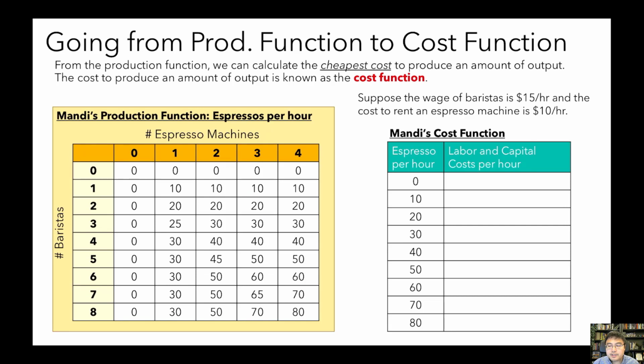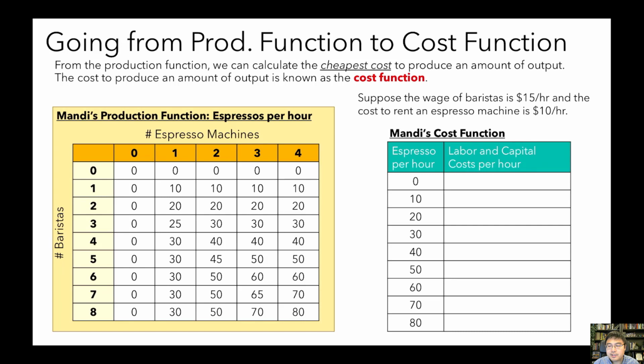So that was the production function. Now we're going to talk about how we can go from production function to actual costs, right? So the production function tells us for any combination of inputs how many units of output we can make. If we then have data on the cost of each of those inputs, then for any amount of output that we want to make, we can figure out what the cheapest cost is to produce that amount of output, right?